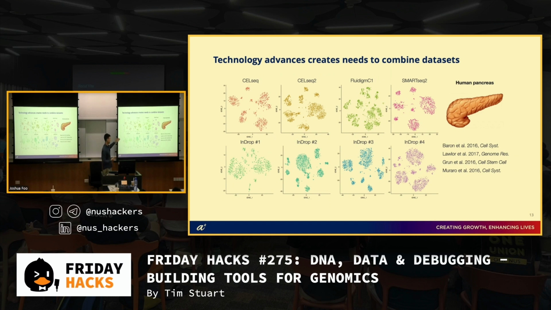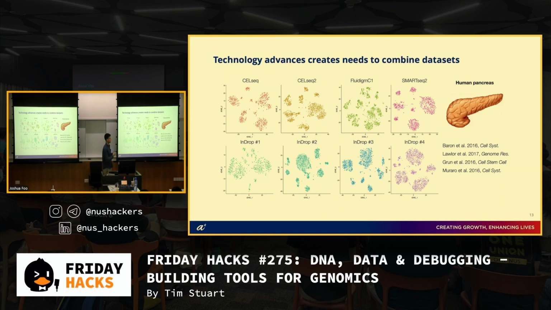So as an example, here are 8 different single cell data sets from the pancreas. Here they're all projected into a 2-dimensional space. Each point is a cell, and their closeness to each other is determined by how similar they are based on their transcriptomic measurements that we made. So you see these clumps of cells that are grouped together. Those are basically the same cell type.